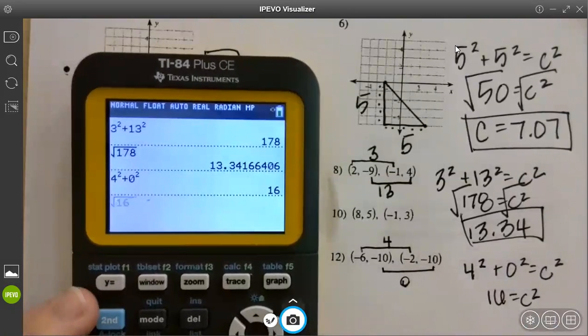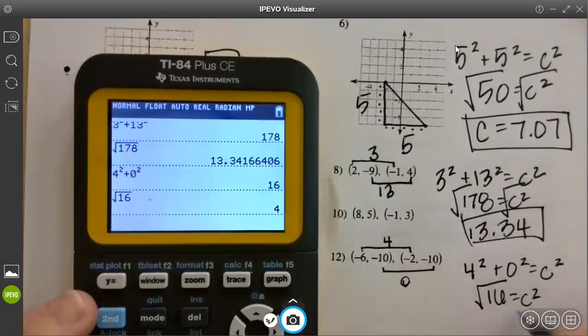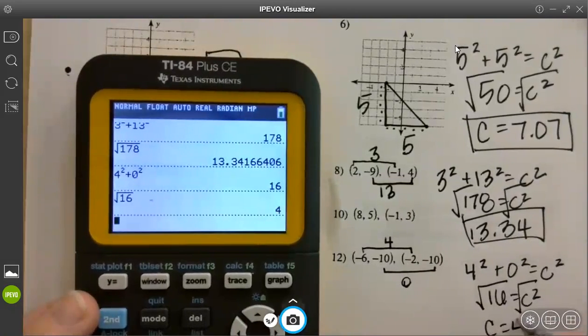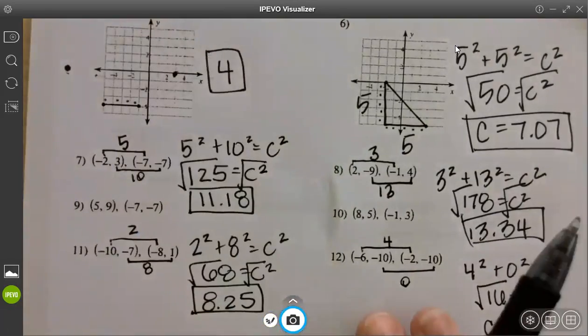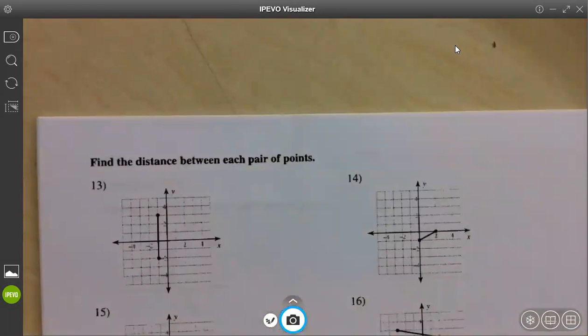And this one just happens to be perfect. So when you take the square root, you get a whole number. Anytime you get a 0, the other number is going to be your answer, because this is either a horizontal or a vertical line. So if you don't want to do the work, you don't have to do it. Once you get that 0, you know that this is actually your answer. Okay, let's go one more page.